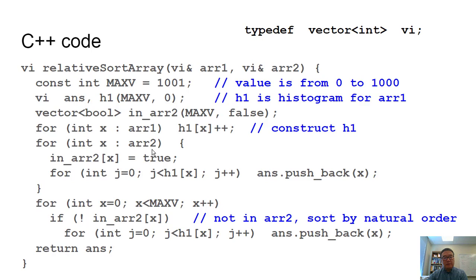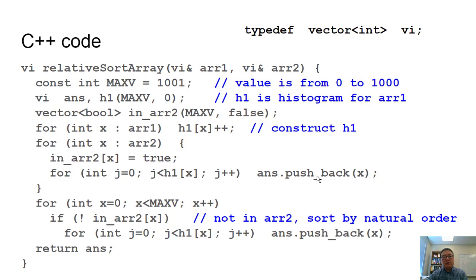This takes time linear in the size of this array. And in the second loop, for each element in array 2, I will remember the fact that this element has appeared in array 2, and then I will add this element to the beginning of the output, and the number of times I add it is determined by the histogram. So actually it's a little bit interesting what the running time for this part is, because the number of times the inner loop executes depends on how many times the element appears in array 1, so it's sort of changing.